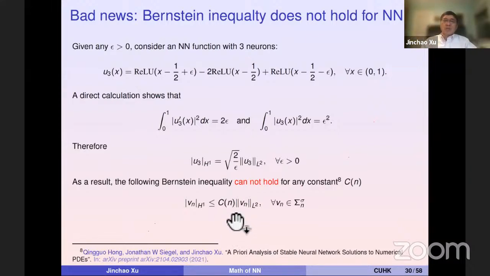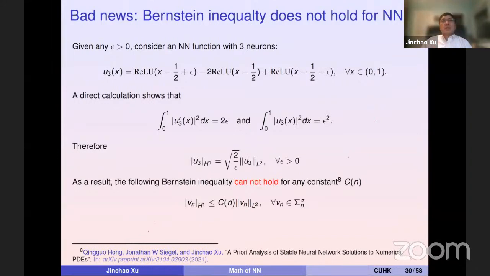It can be arbitrarily big. It's not so difficult to see, because in this case the neural network function, if you think of it as related to even finite element, can be highly non-uniform, heavily locally refined.